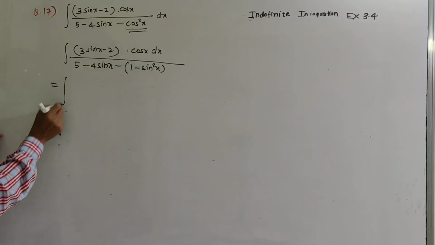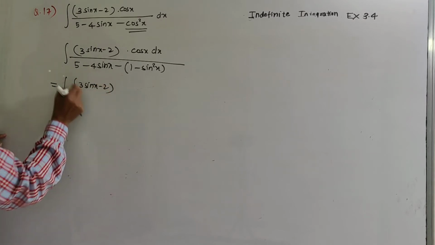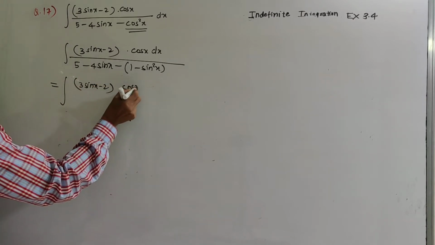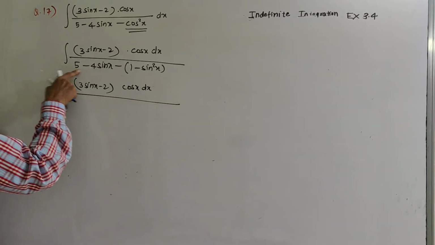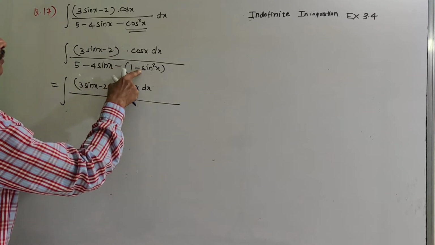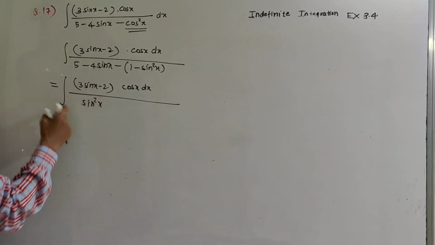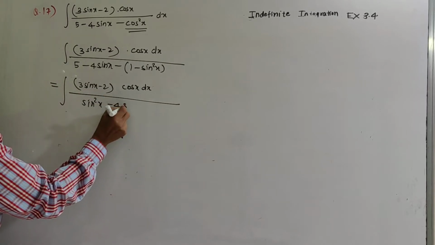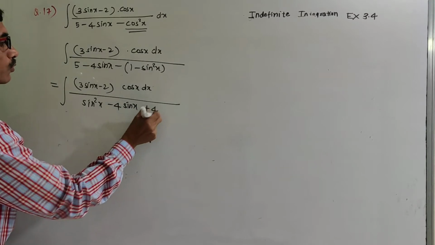Simplify it again, 3 sin x minus 2 cos x dx upon denominator, 5 and minus 4, that is 4, so it is minus of minus plus sin square x minus 4 sin x, and this 5 minus 1 again plus 4.